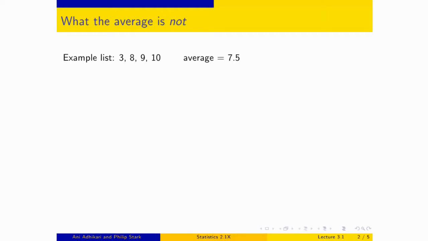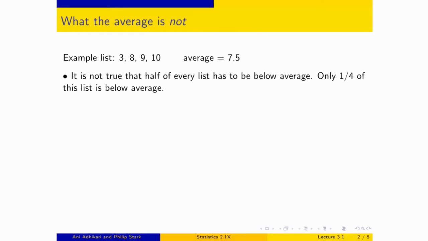And already by looking at that, you can tell one thing, which is that it is not true that half of the list is below average. The average is 7.5. It's right here, in between the 3 and the 8. Only the 3 is below average. So only 1 in 4 of these entries are below average. So it is not true in general that half of a list has to be below average and half has to be above. And so if you want to say it formally, the average and the median are different. The median is indeed the halfway point of the list, but the average need not be.